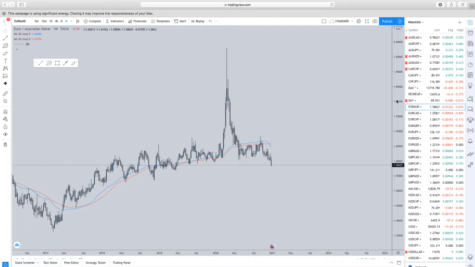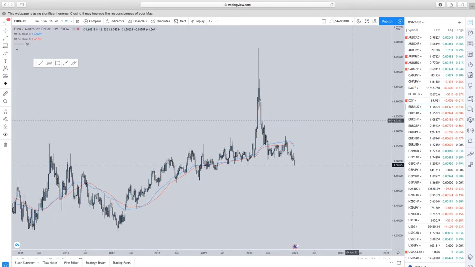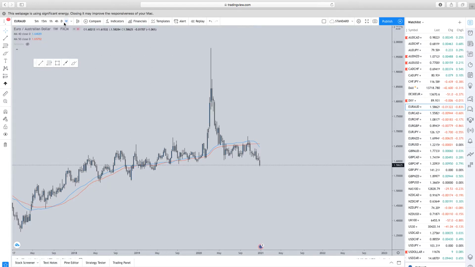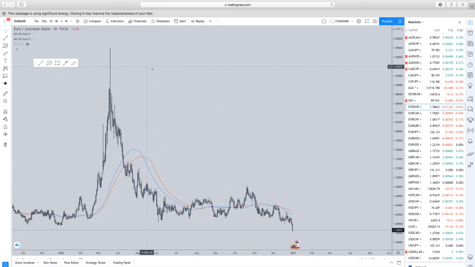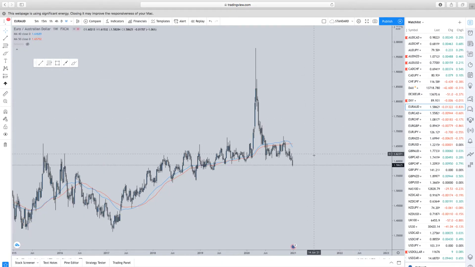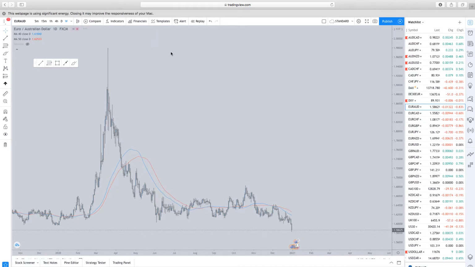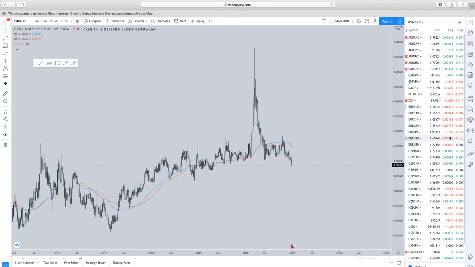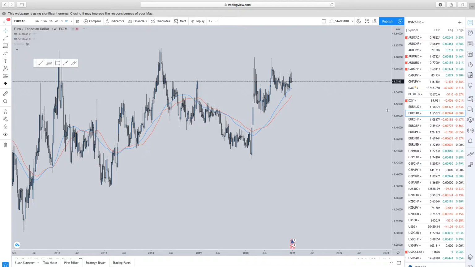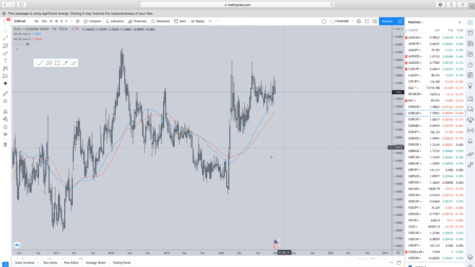Euro AUD. Strong downside move. I would probably wait for more patterns to show up here. Euro CAD.